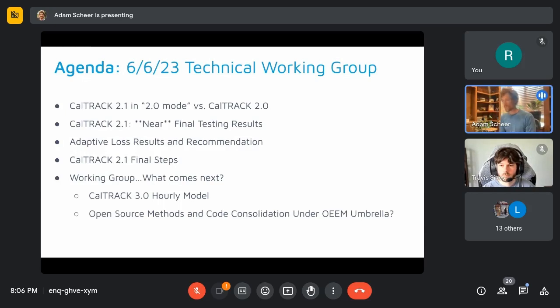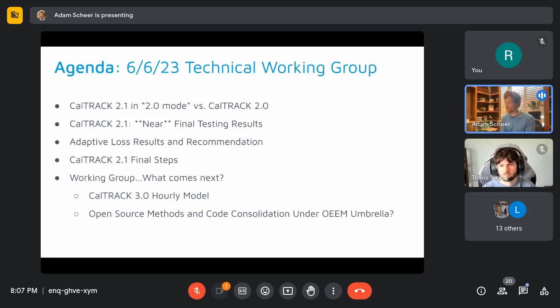And then we want to dive into laying some conceptual groundwork around CalTrack 3.0, the hourly model, where that can be improved, because that's an area that I think is ripe for further development, as well as potentially the whole open source paradigm, consolidating a lot of the written methods and the code, and bringing other things into the OpenEEmeter framework, for instance, comparison groups as well.